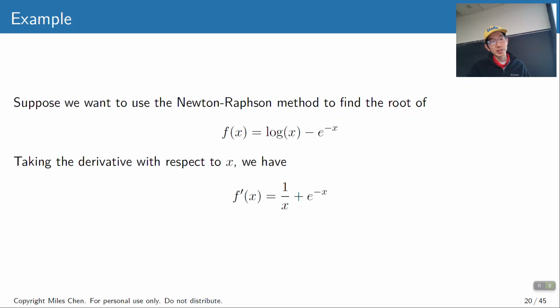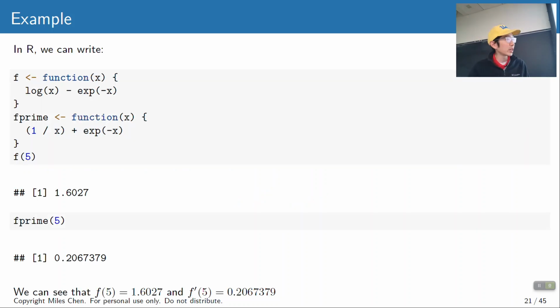Then we implement this by writing up our function: f is a function of x, log of x minus e to the negative x, and f prime is a function of x that returns 1 over x plus e to the negative x. I can plug in: the function at 5 is 1.6027, and f prime at 5 is 0.2067379.